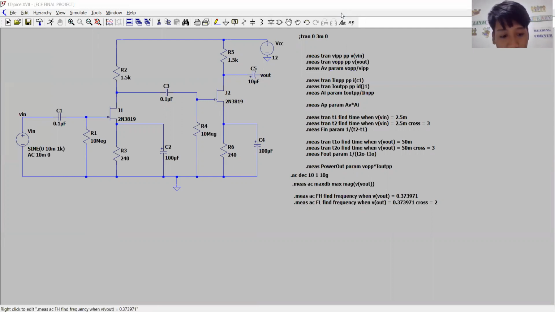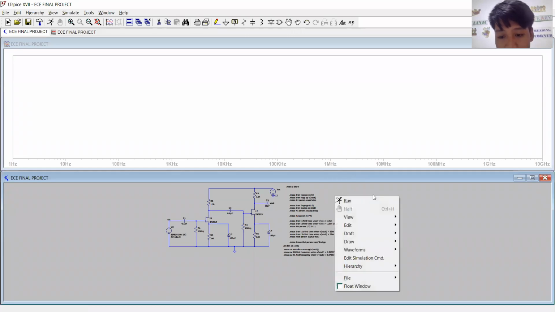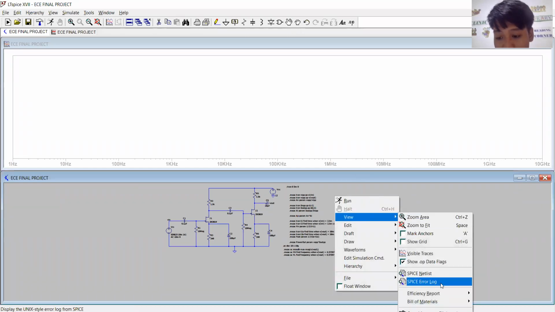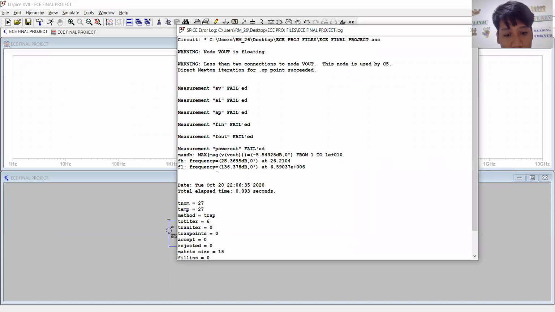For the FL, where did it go wrong though? Find frequency. So for the lowest frequency, if we run the commands that were typed in there, spice error log, this will be the FL.